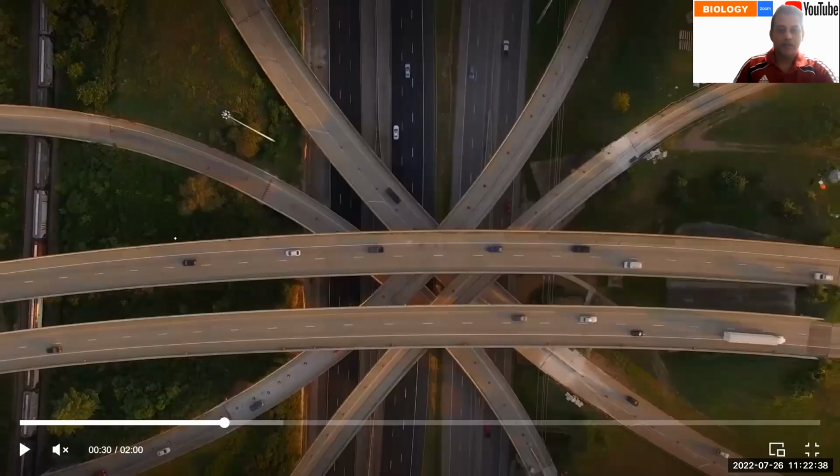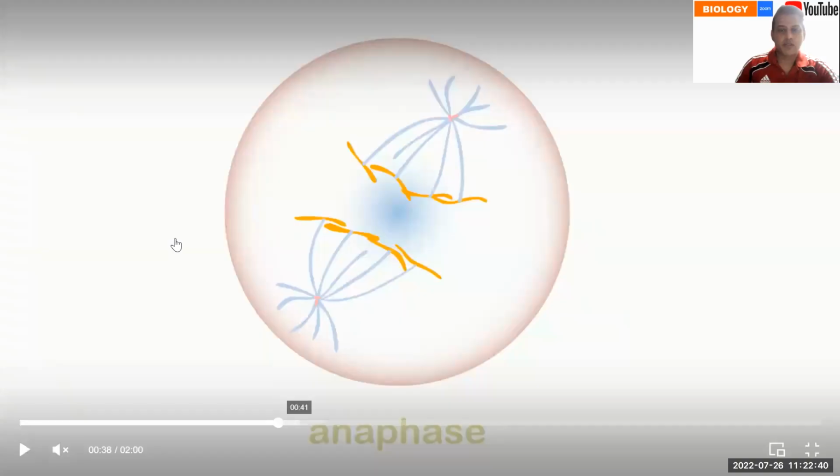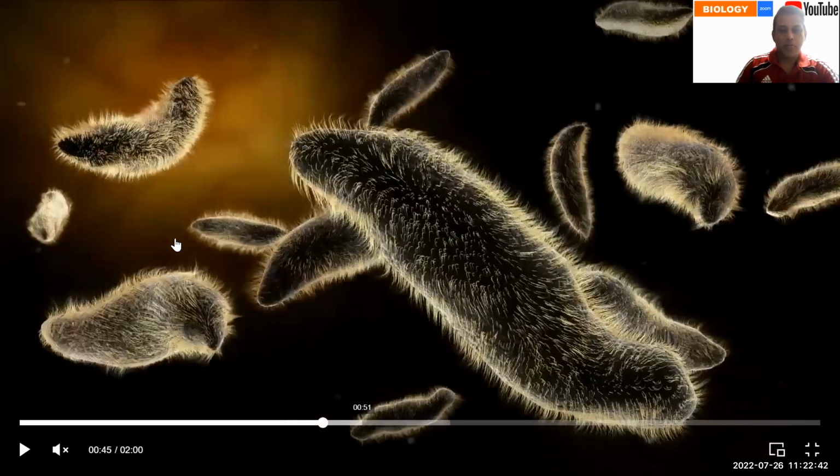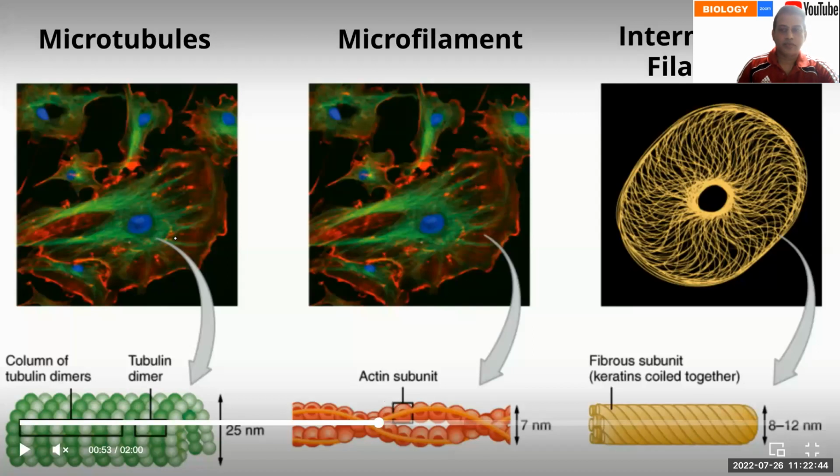Look at this picture, this kind of picture. You can see inside so many fiber-like things. So they represent the cytoskeleton.